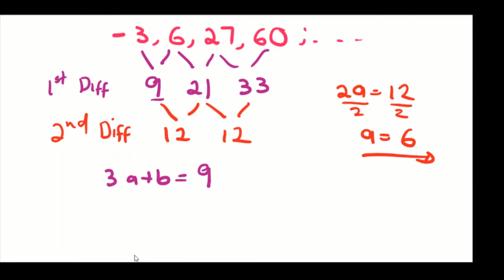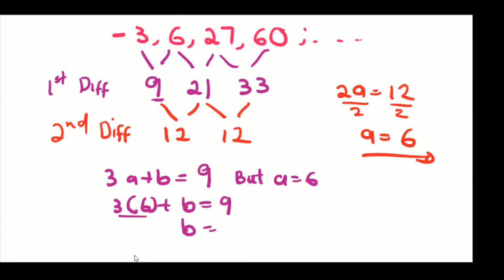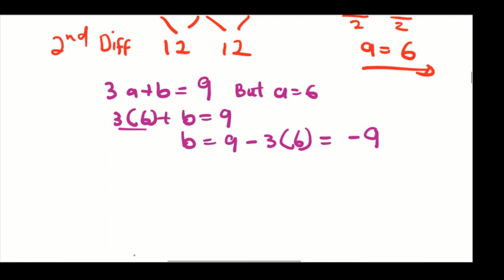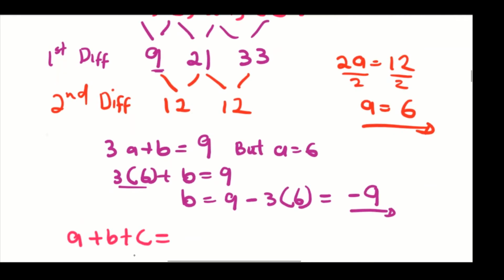This is the first term of the first difference, but we know that our a value is equal to 6, so it's going to be 3 into 6 plus b, which is equal to 9. And then we transpose this to the other side, we have b is equal to 9 minus 3 times 6, right? So our b value is going to be minus 9. And then a plus b plus c is equal to the first term of the sequence.